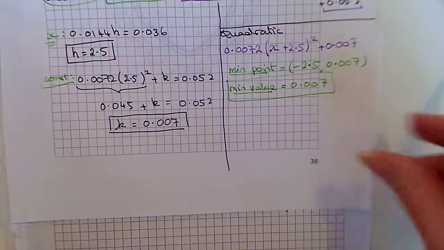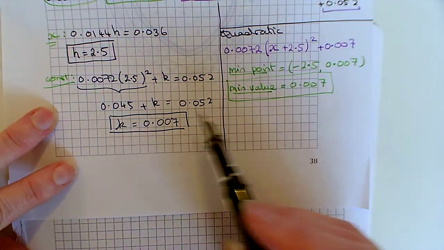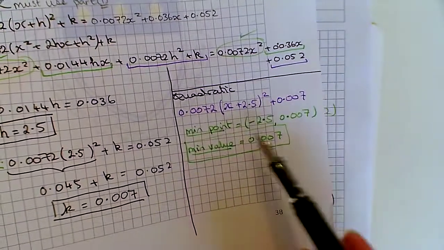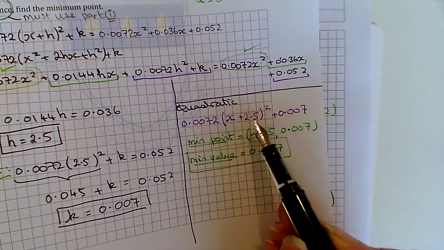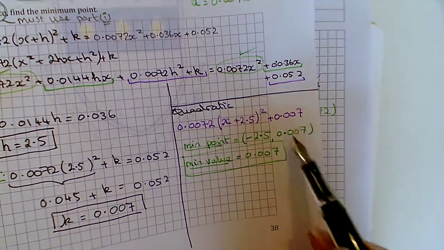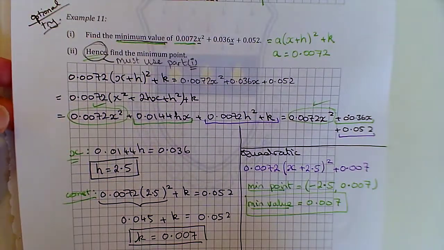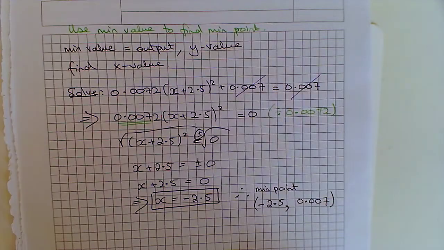I will say this, most of the time you don't need to do this work because we knew the answer straight away, didn't we? From the fact that we change the sign of what's in brackets and we don't change the sign of the other part there. Okay, so there's example 11 and the second part of it there.